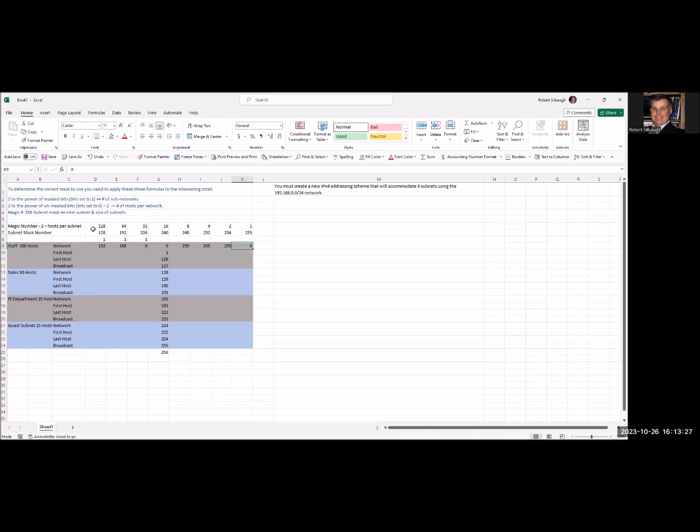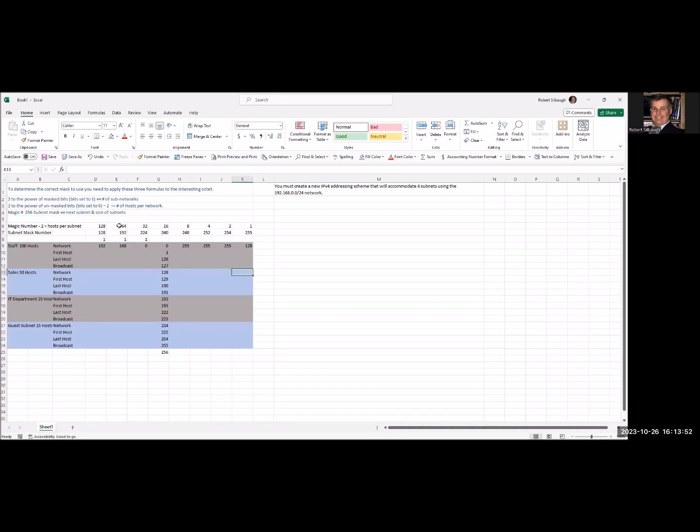And so now, instead of a 0, if you look at your chart here, we have to make that a 128. And that's how the computer or the router knows that this 192.168.0.0 network has been subnetted into 2 networks at this point. The same thing here.